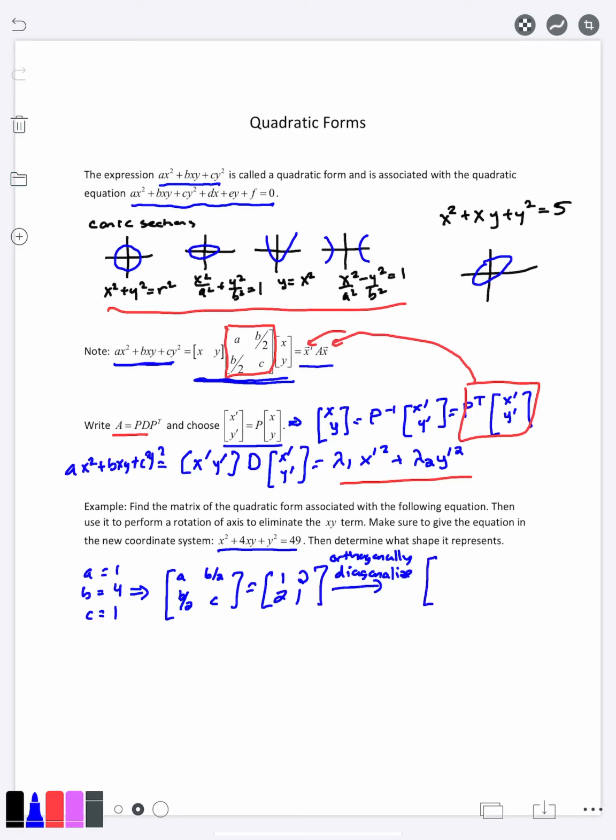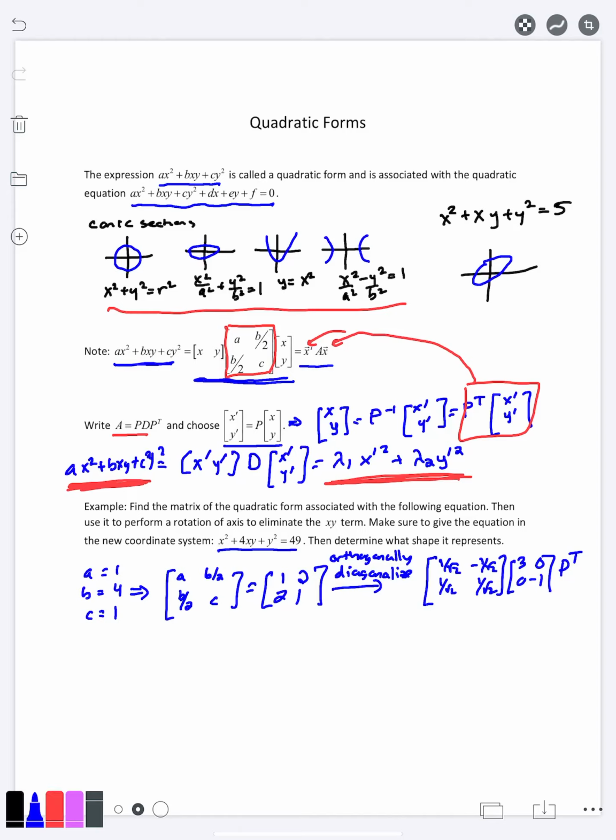Conveniently, in my last video, I already did that. It's the following here. My D was 3, 0, 0, negative 1, and this is going to be my P transpose. And then what I show you here is that the original quadratic form, ax squared plus bxy plus cy squared, can be rewritten in new variables x prime, y prime by using the lambdas, which are the eigenvalues.